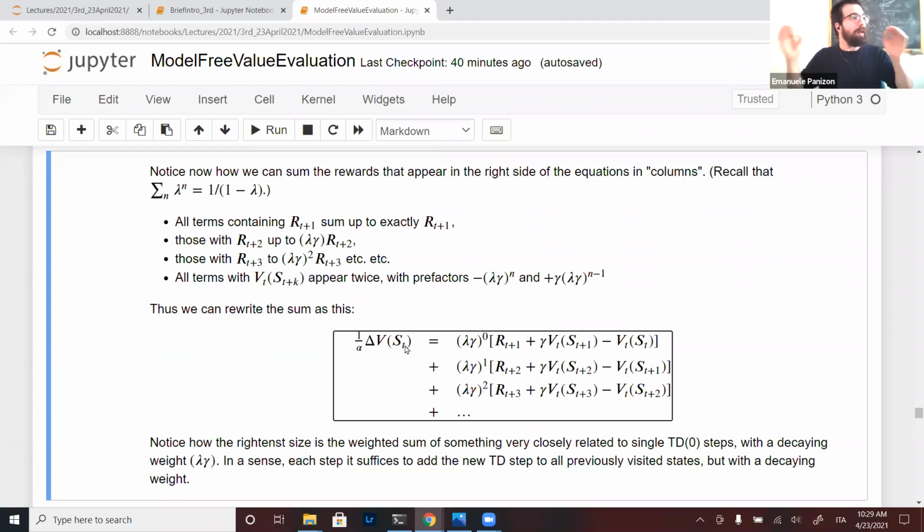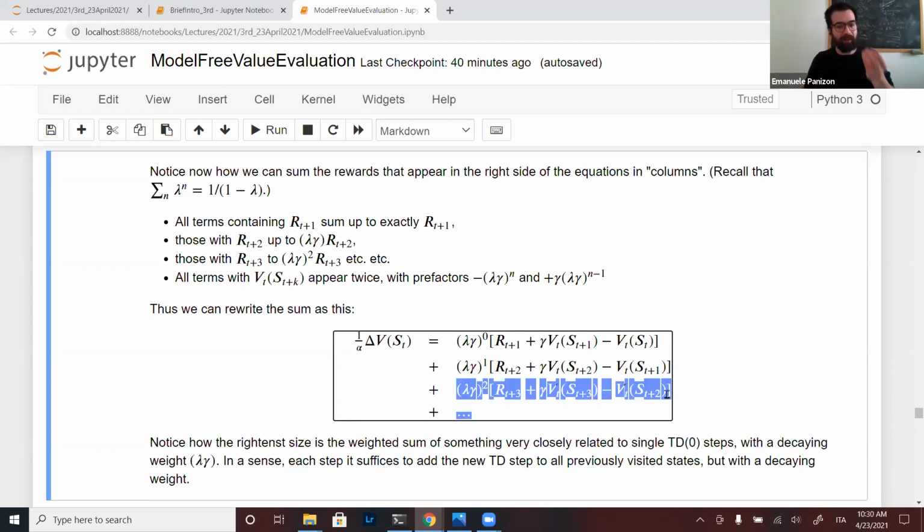Okay. Now, there are some subtleties all around, but the point is that eligibility traces, as a general rule, keep track of where you've been in the past and update the value of where you've been in the past with the current estimator delta.